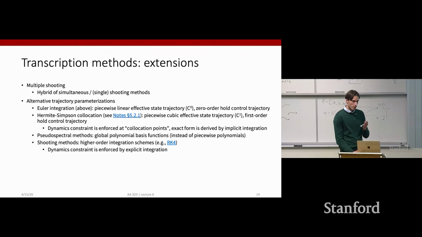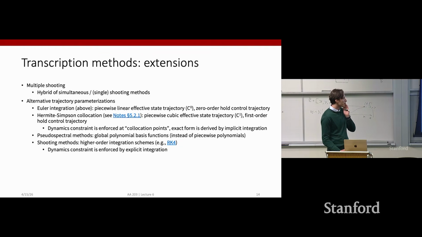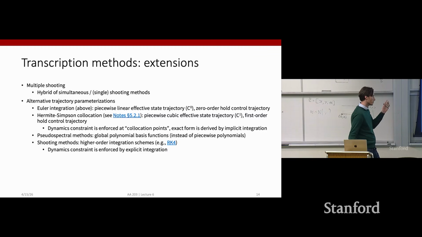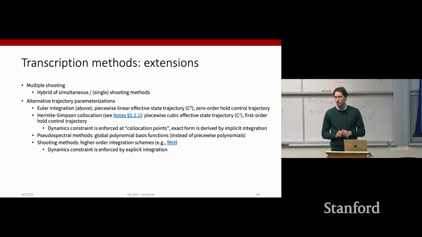And of course, another discussion that came up is that here we were assuming a simple Euler discretization and integration of our dynamics. We could go for more sophisticated approximations, for example, leveraging polynomials, which lead to Hermite-Simpson collocation schemes and pseudo-spectral methods. And so this is an entire family of approaches.